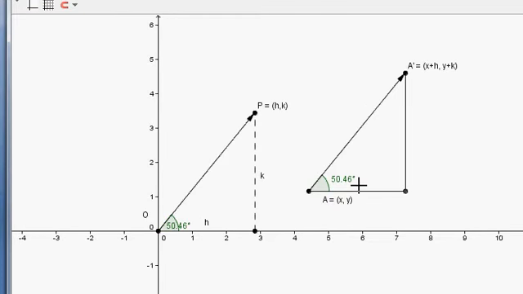So the position vector, if we have the same change in x and the same change in y, these two are going to be the hypotenuses of congruent triangles.